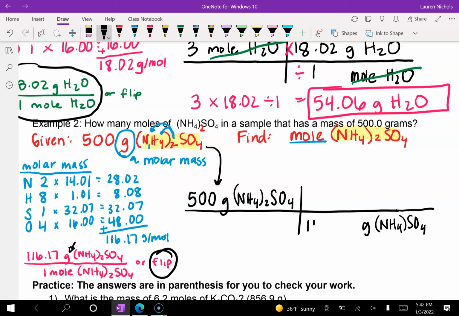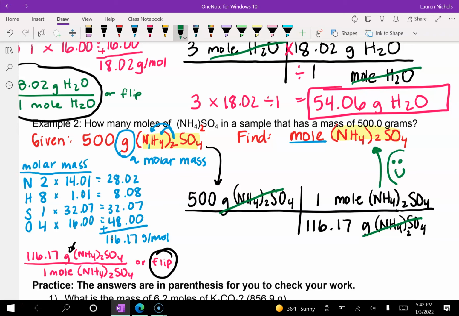So I'm going to have 116.17 grams of ammonium sulfate in the denominator, and my 1 mole of ammonium sulfate, and I forgot the 2 again, in the numerator. So we see here that allows grams of ammonium sulfate to cancel out. Moles of ammonium sulfate matches what I'm trying to find.